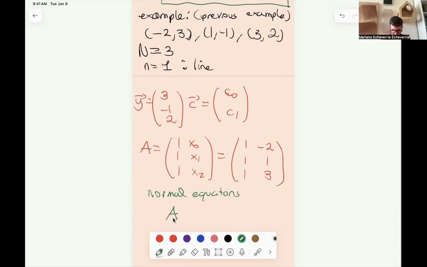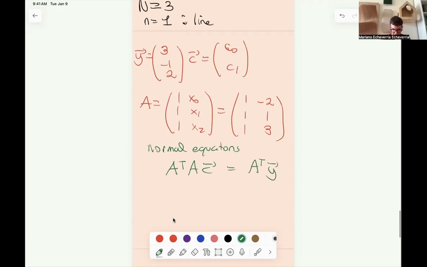They are A transpose A, c equals A transpose y. What is A transpose? A transpose flips the rows with the columns, so the first column becomes the first row. It becomes 1, 1, 1, -2, 1, 3 times 1, 1, 1.